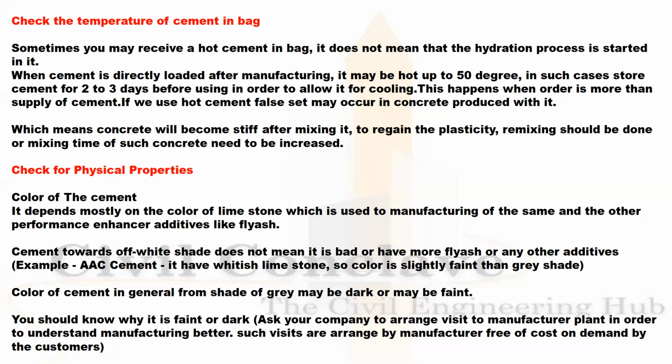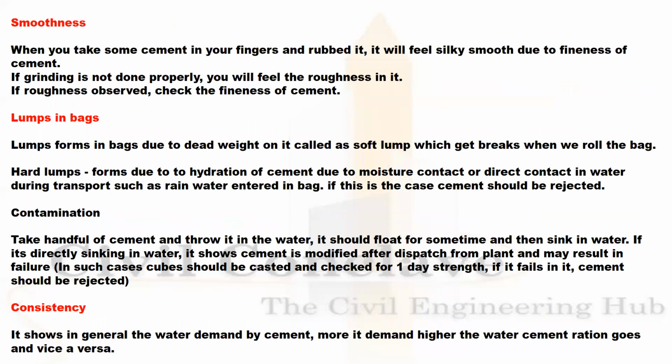For example, a cement with whitish limestone has a color slightly fainter than the gray shade. The color of cement is generally a shade of gray, maybe dark or maybe faint. You should know why it is faint or dark, because it is all based on the lime used.